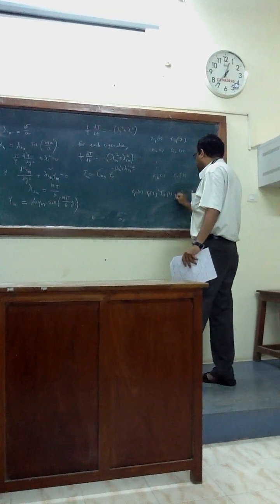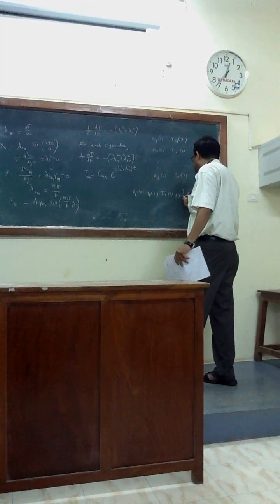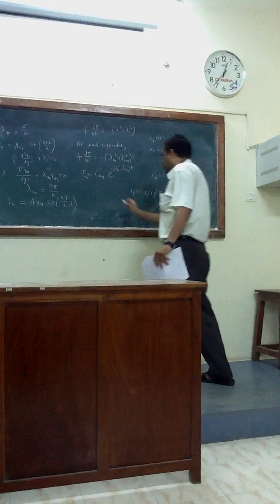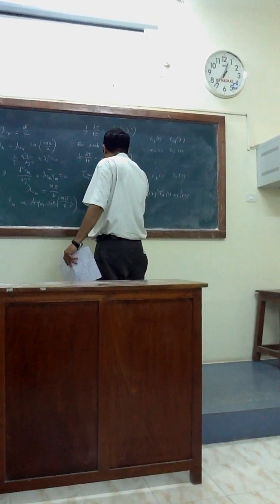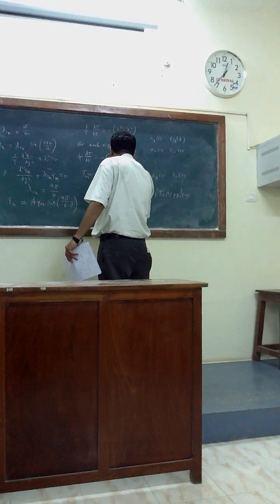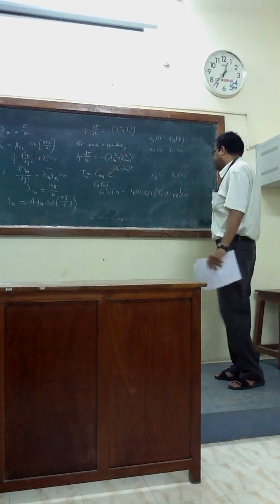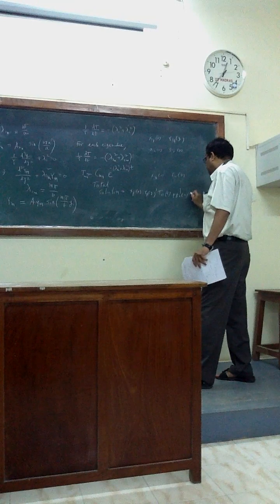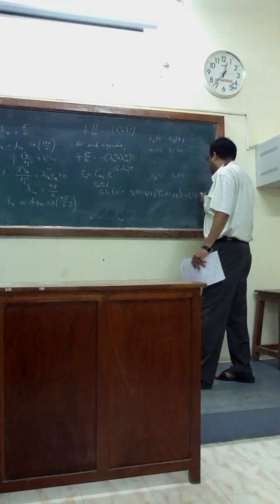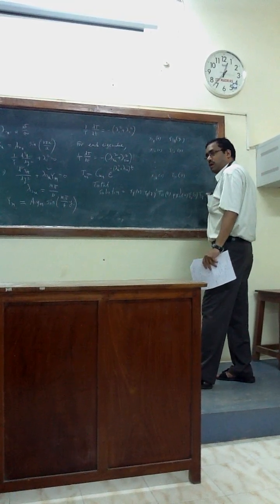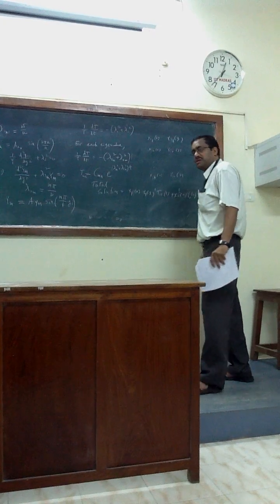Next eigenvalue, I can have X_2(x). You can write the total solution. How is it coming? Total solution: X_1(x) Y_1(y) T_11(t). X_2(x) Y_1(y) again can occur. All combinations, it will be T_21(t). Am I correct?